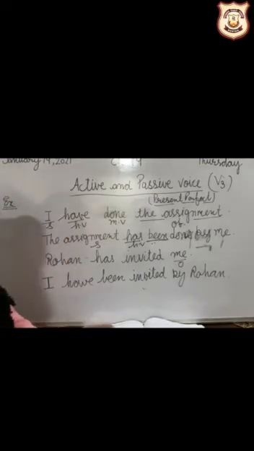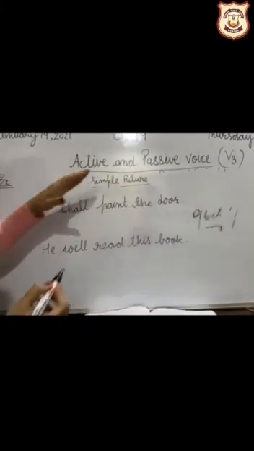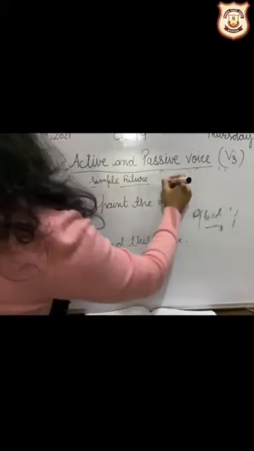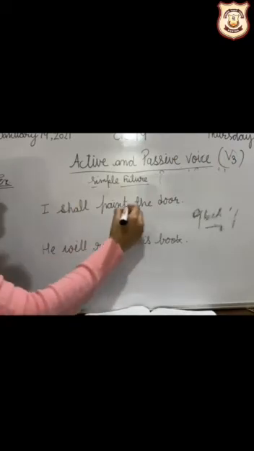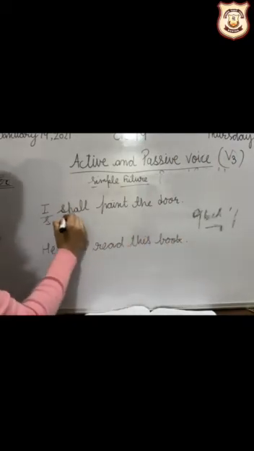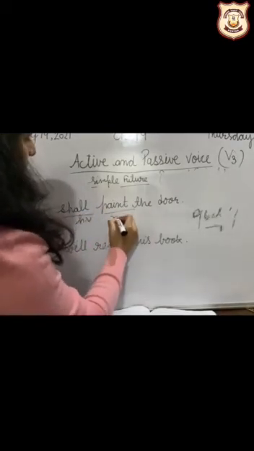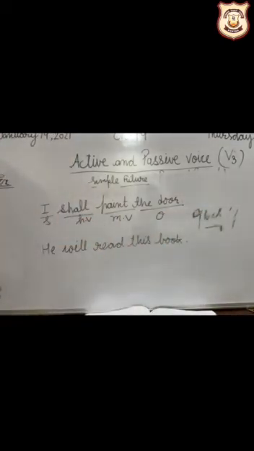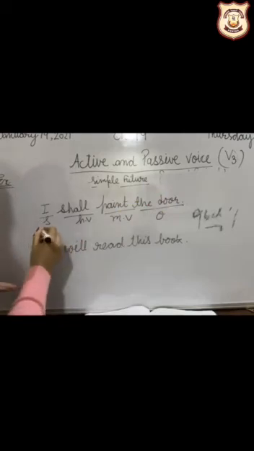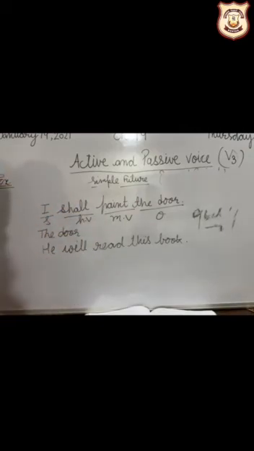Okay. Now let us see future tense, simple future tense. We know simple future tense is subject, will, shall, V1 and object. So, I shall paint the door. This is the subject here, this is a helping verb, this is the main verb and this is the object. Now we need to change it into passive voice. How are we going to change? We start the sentence with the door will be.